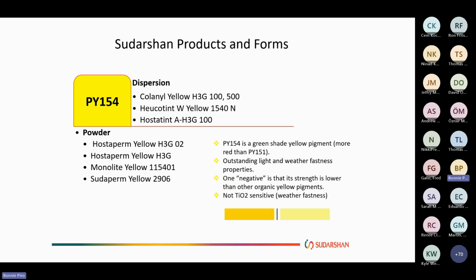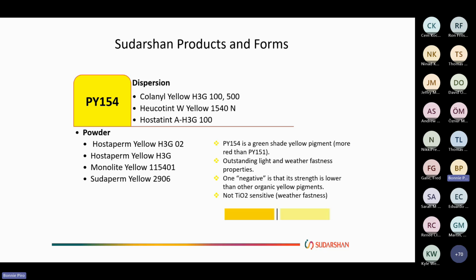Pigment Yellow 154, now we're moving a little bit more red in the yellow color space. This is primarily a coatings type of chemistry, and is a little bit more red than the 151. It does bring with it very, very good weather fastness properties.